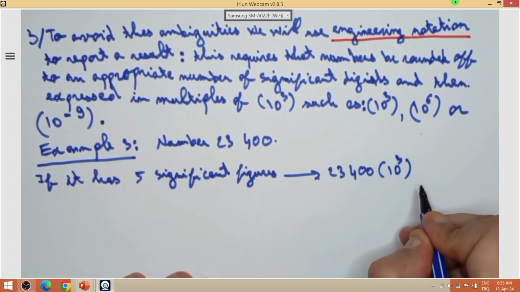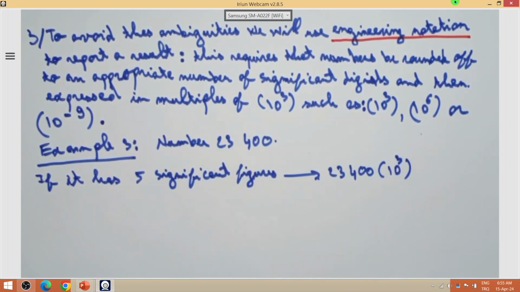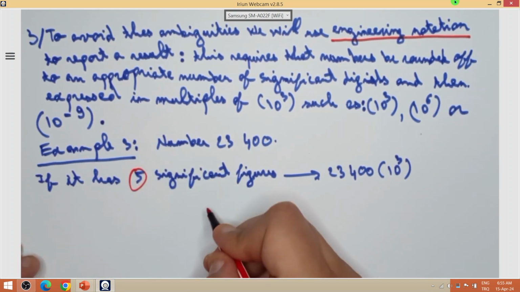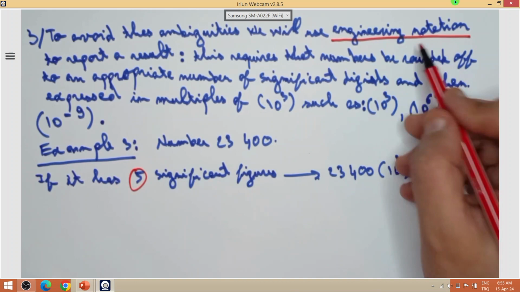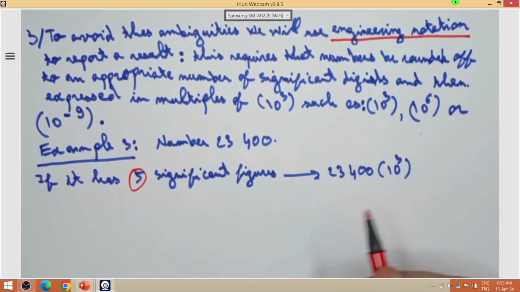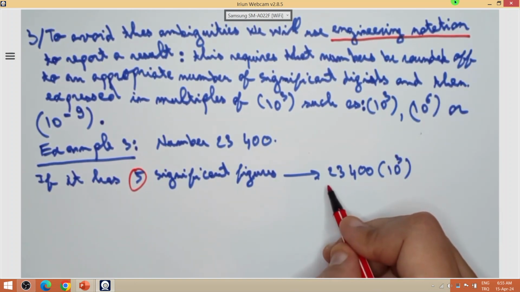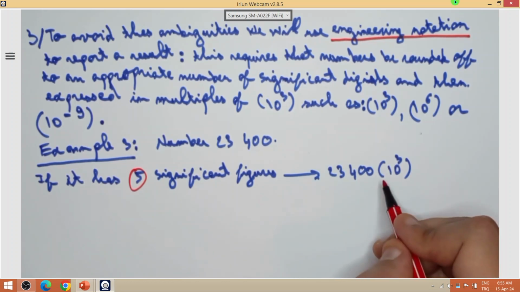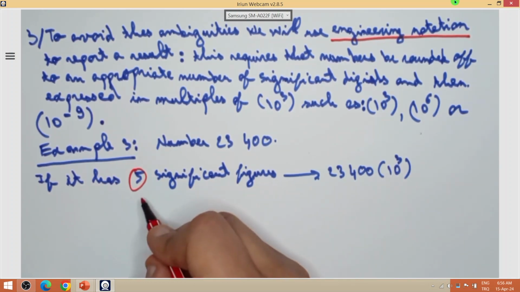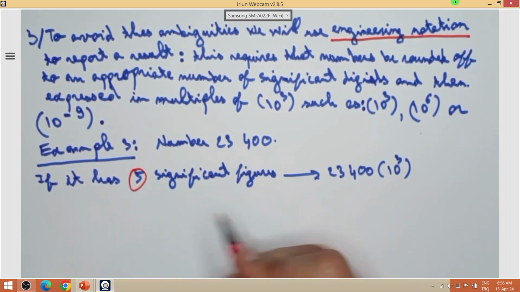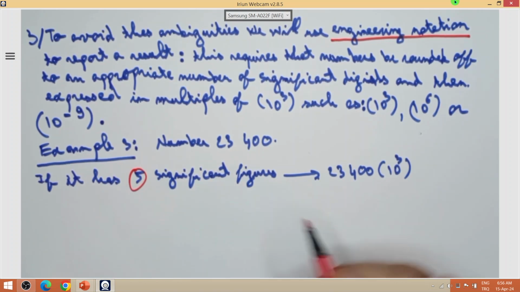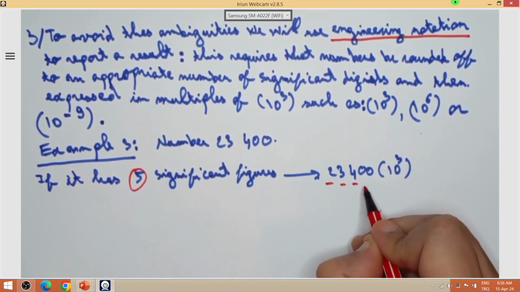So if the number 23,400 has 5 significant figures, using the engineering notation we can write it as 23,400 times 10 to the power 3. 5 significant figures means 1, 2, 3, 4, 5.